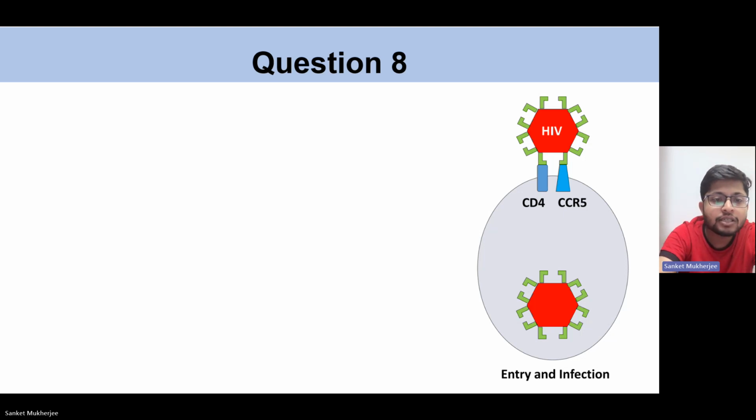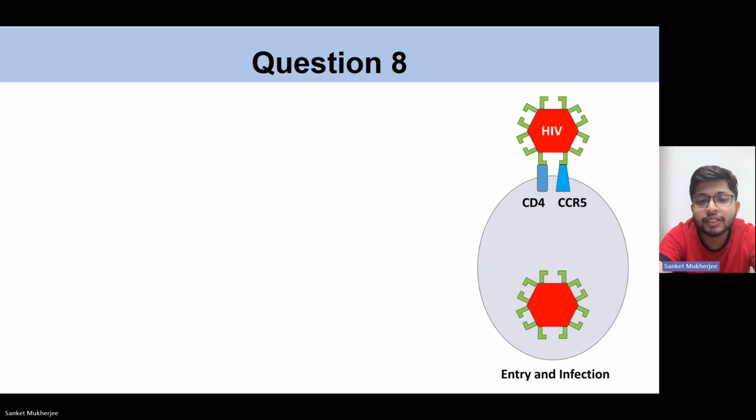There could be another way also. Apart from CD4, it could also bind to another co-receptor, that is CXCR4. If it binds to this receptor, then this virus is again internalized, like we have already seen previously.